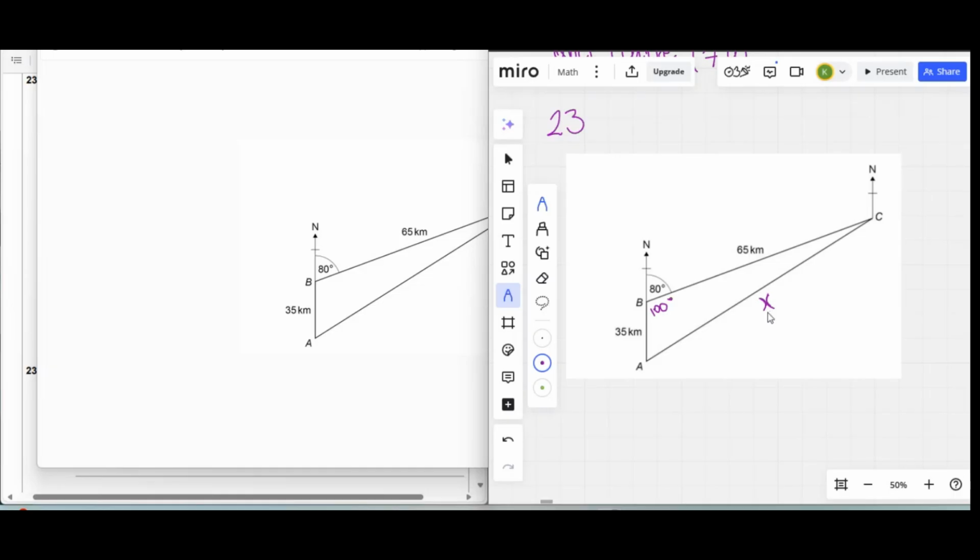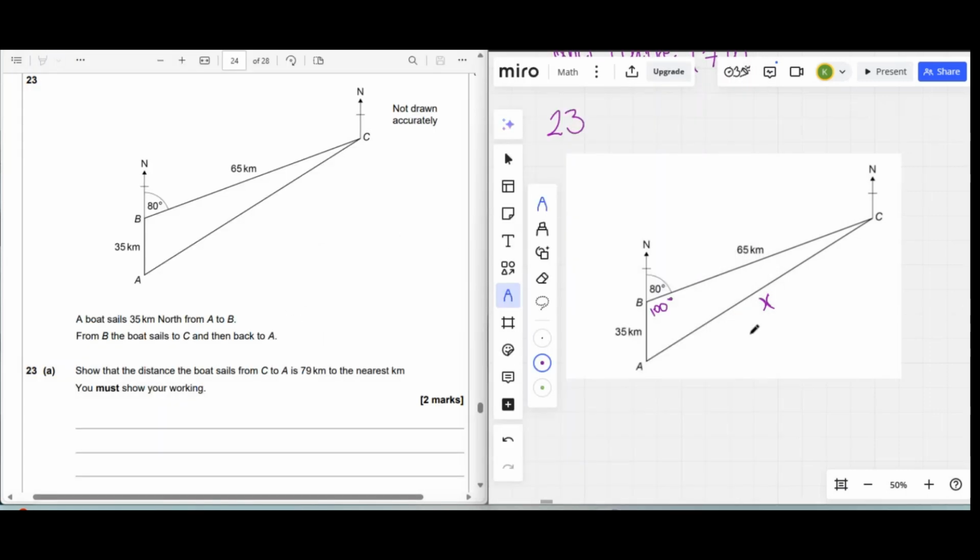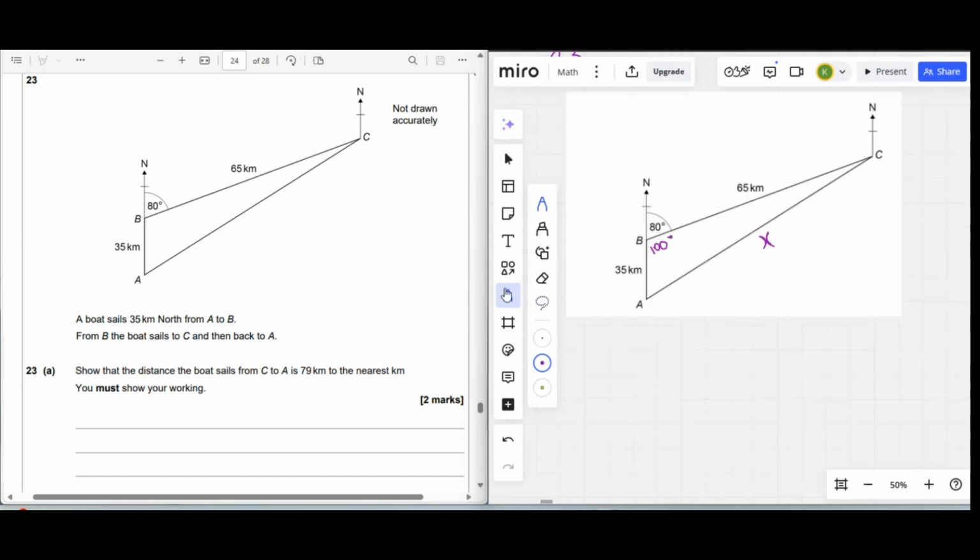Now, which formula should we use? Pythagoras? No. Sine? Cosine?